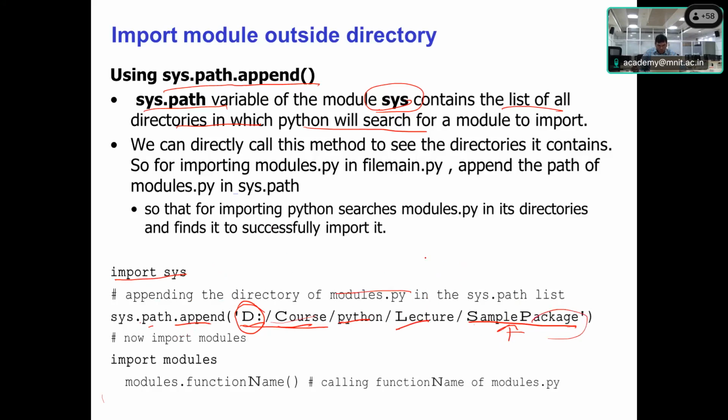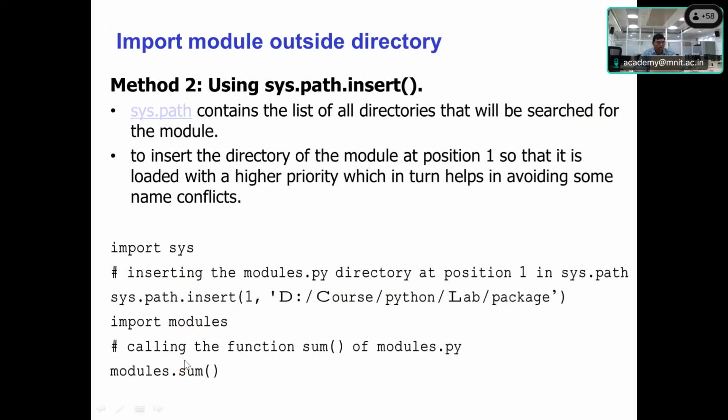By that it will know where to search for those modules. And then we are able to import the modules. How? As usual you can do that: module.function name. We can directly use the function name which is available in the particular module, as usual.